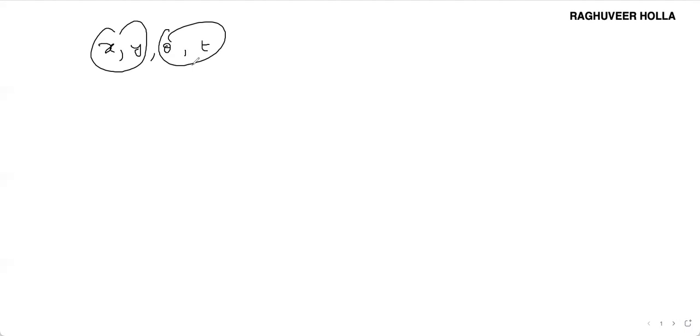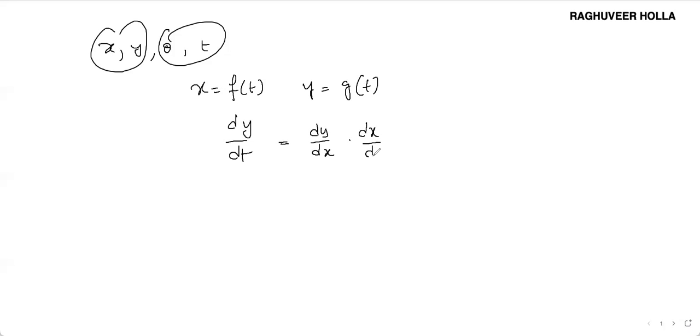So, suppose I have x is f of t, a function of t, and y is a function of t, g of t. Then in order to find the derivative, we find dy by dt, which is equal to dy by dx times dx by dt.